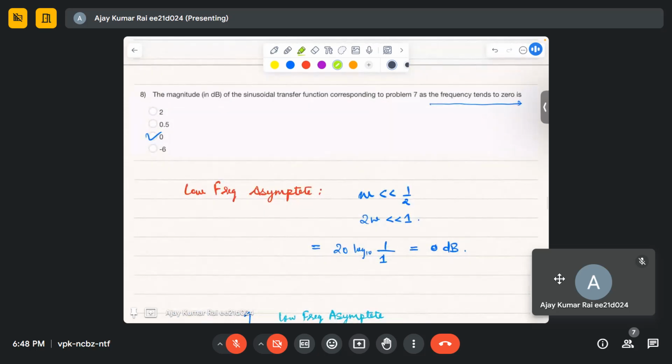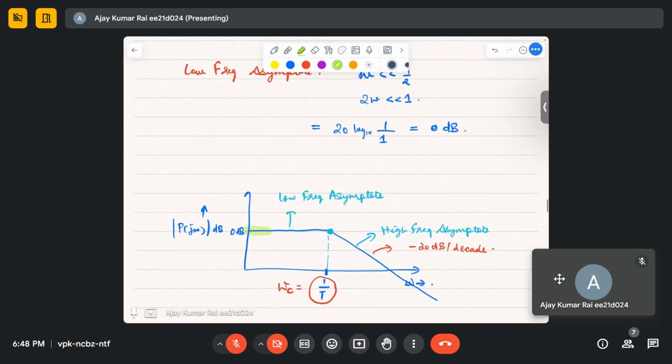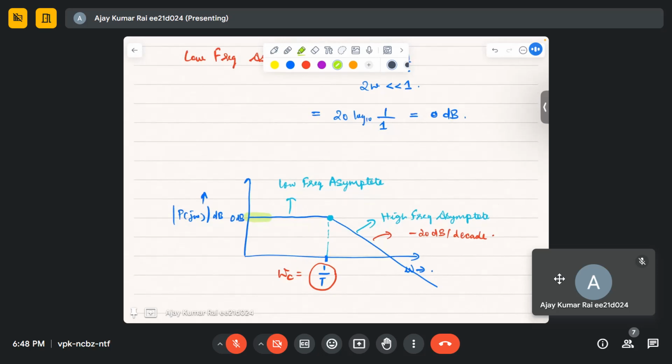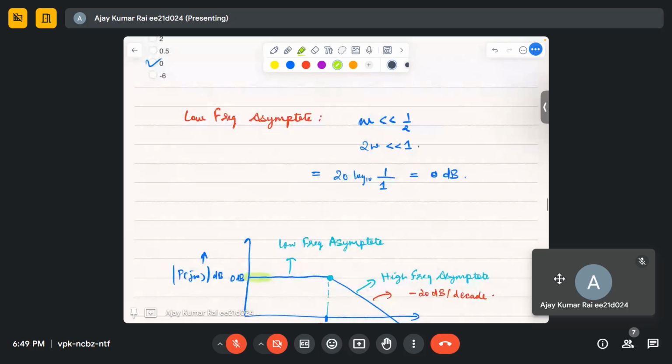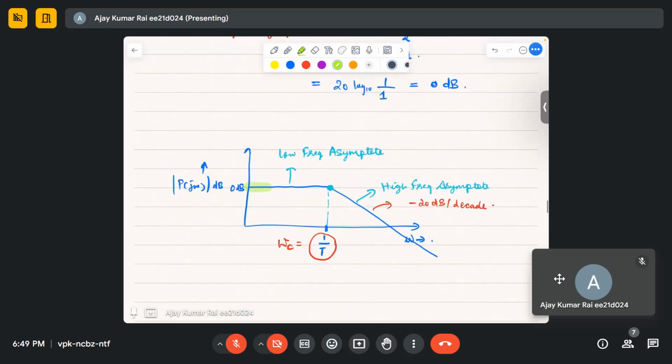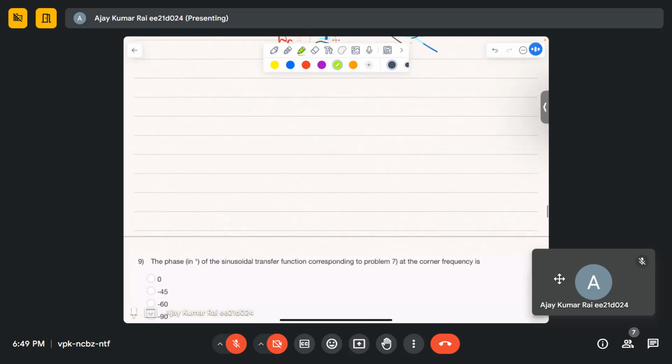Magnitude is equal to 0 dB. You can see from the graph also. Already we found it by finding the low frequency asymptote. So any doubt in this case? Okay, we go to the next question.